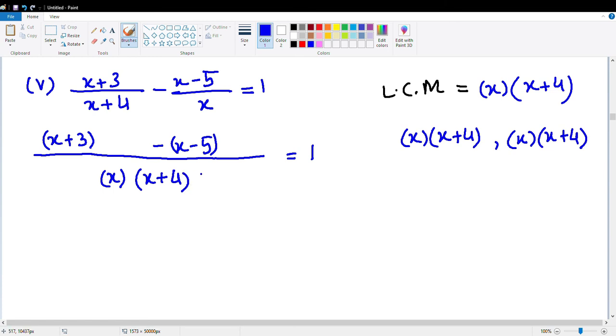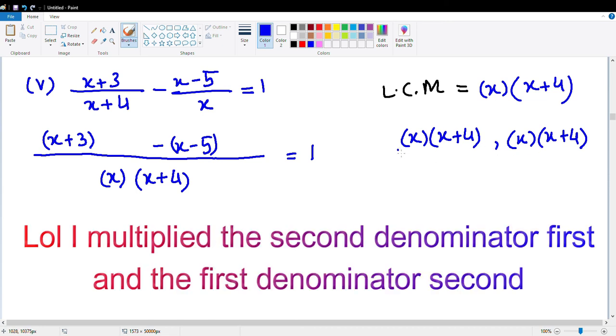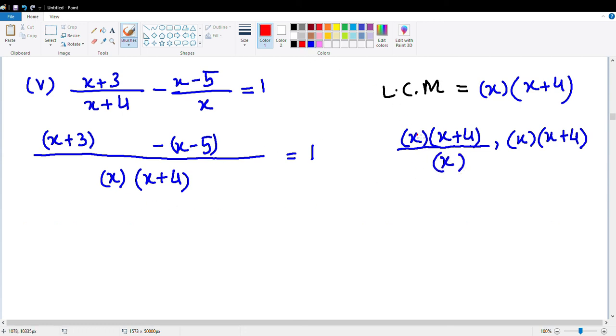So now we're going to determine what multiplies with x plus 3 and what multiplies with x minus 5. So we're going to divide first with the first denominator. When we divide with the first denominator, x and x will cross, and we'll get x plus 4. Same thing over here, x into x plus 4.